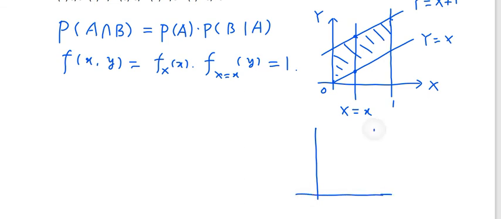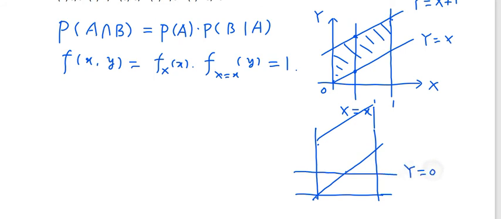So here suppose this is 1, then y equals x, and here y equals x plus 1. And y equals half. We want to find y larger than 0.5, right?